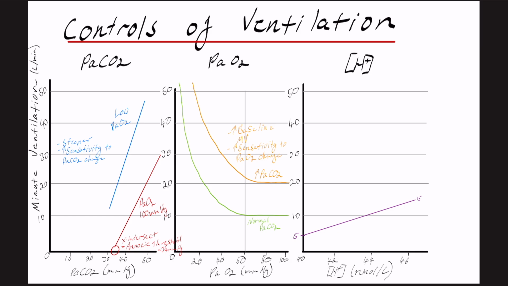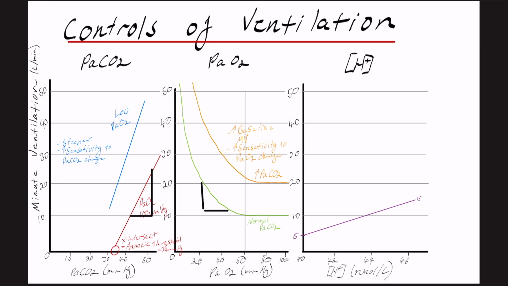So we already sort of touched on this, but I just want to point out the changes. You can see for PaCO2 with normal oxygenation, that for about a 10 millimeter of mercury change in PaCO2, you have almost about 15 liters per minute of ventilation change. And then for our PaO2, you can see again for about a 10 millimeter of mercury change, you have maybe about a 10 liters per minute change as well, but it's a bit less than PaCO2, so it's not as strong here.